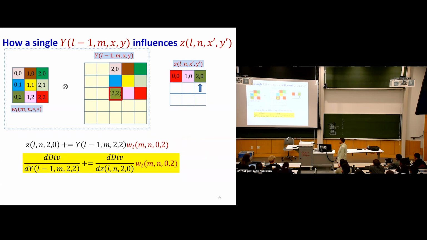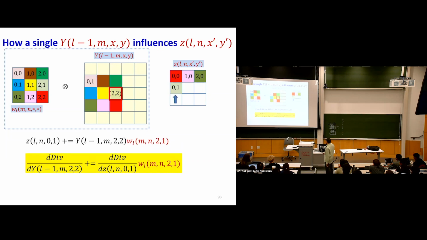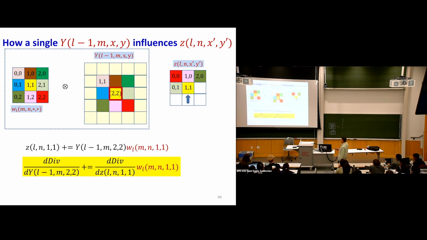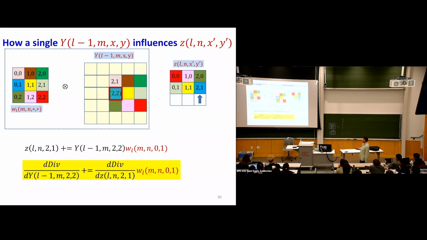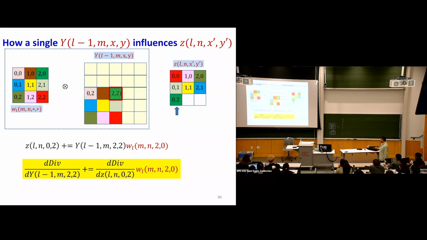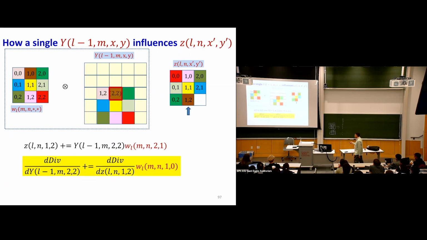The derivative at Z20 multiplies W02. And so on, right? The derivative at Z01 multiplies W21. At Z11, it multiplies W11. At Z21, it multiplies W01. At Z02, it multiplies W20. 1,2 multiplies 1,0. 2,2 multiplies 0,0.